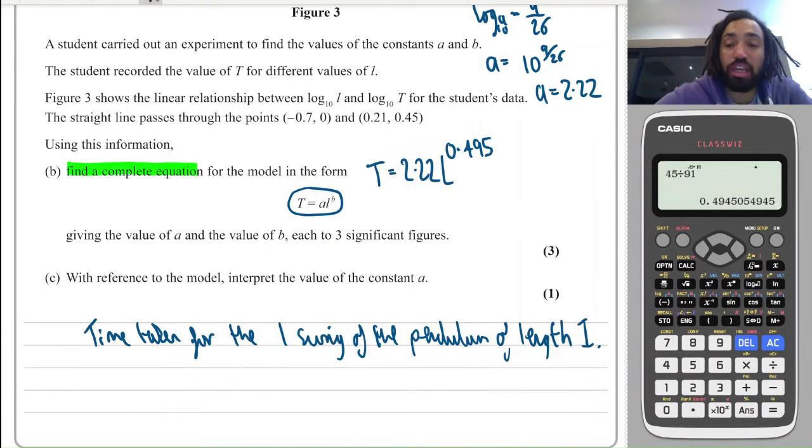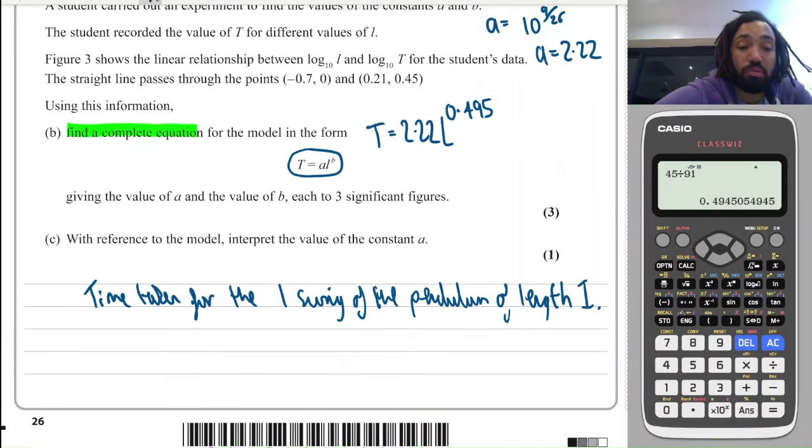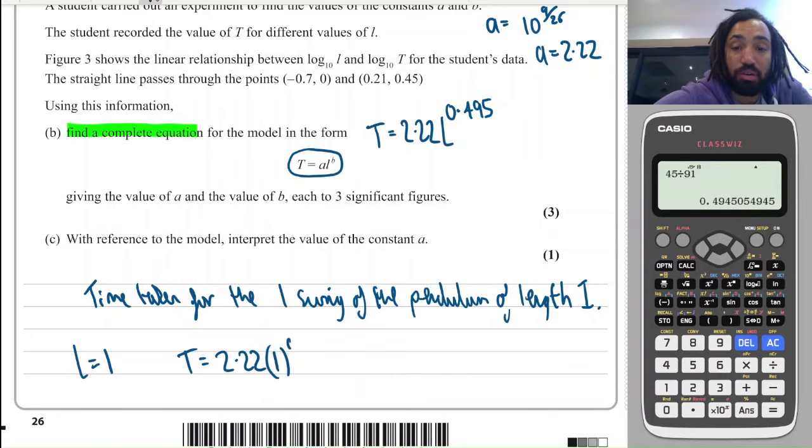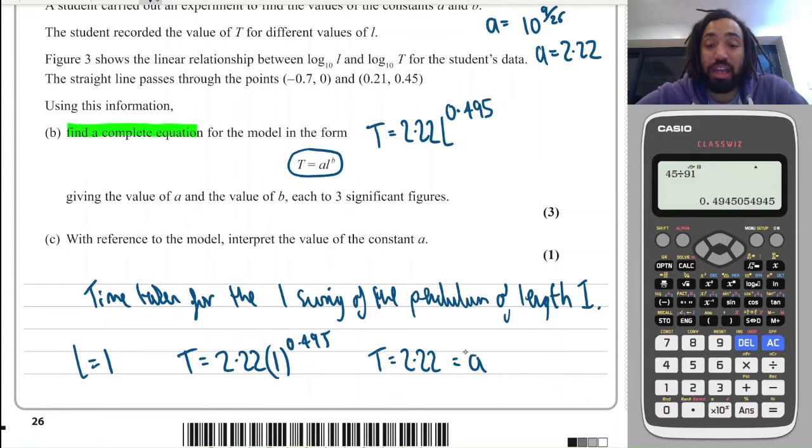Because essentially, if I were to sub in L equals 1, then I would get T is equal to 2.22 times 1 to the power of 0.45, which is just equal to 2.22, which is equal to our value for A. So A tells us what the time is if the length is 1 meter.